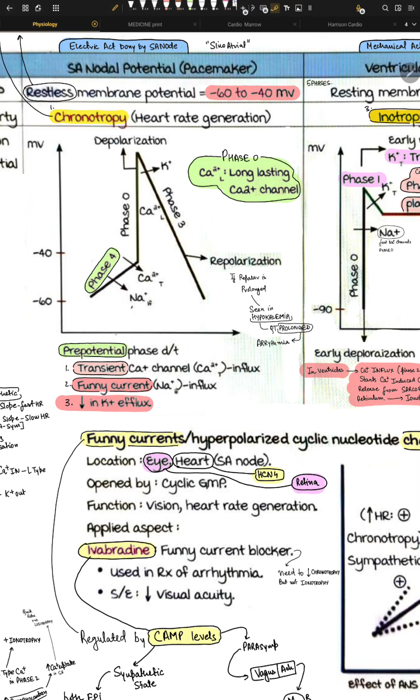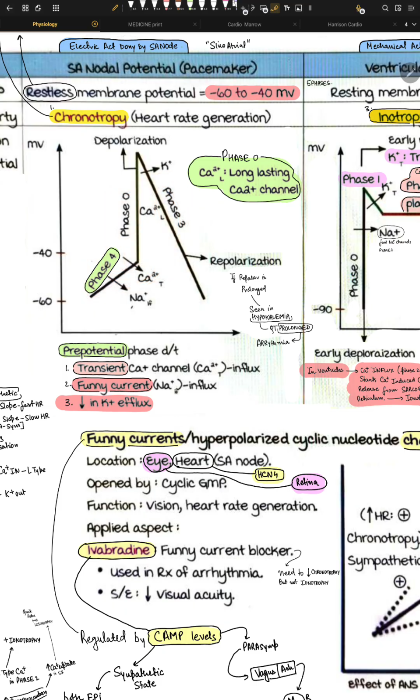Now if I'm saying it's a pre-potential, pre means before, potential means just before the threshold is reached. So minus 40, right? This is where everything changes, okay? Let's talk first about phase 4, then the SA node reaches phase 0, then there is phase 3, and then again this cycle happens.